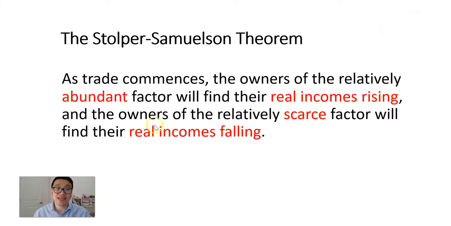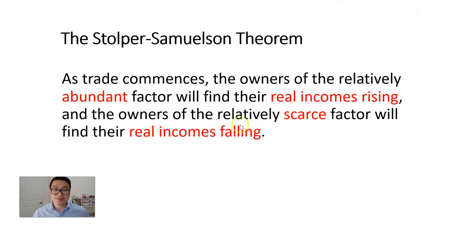If the US exports mostly capital intensive goods to China, then according to the Stolper-Samuelson theory, capital is the abundant factor in the US. When trade commences, the real income to capital, or real rental to capital, will rise. The real income to labor, the scarce factor for the US in that case, will fall. The nominal income may still increase, but real income will fall.